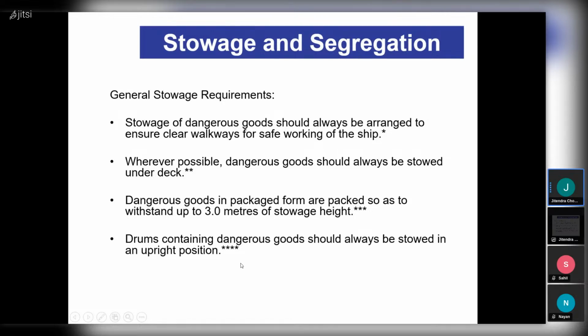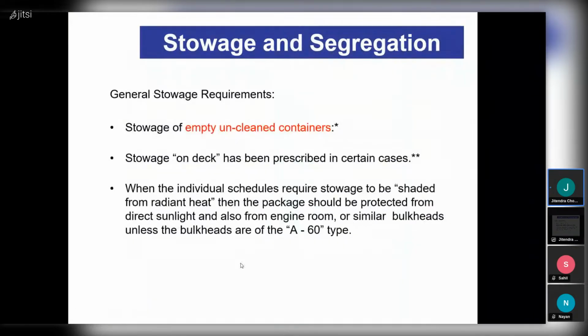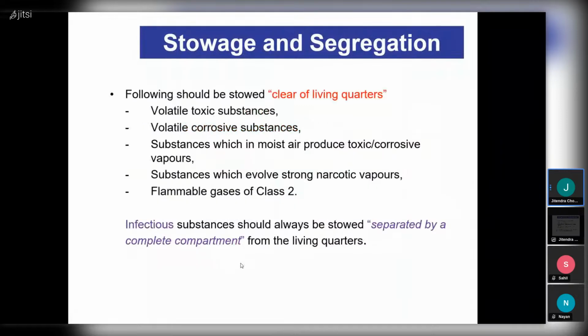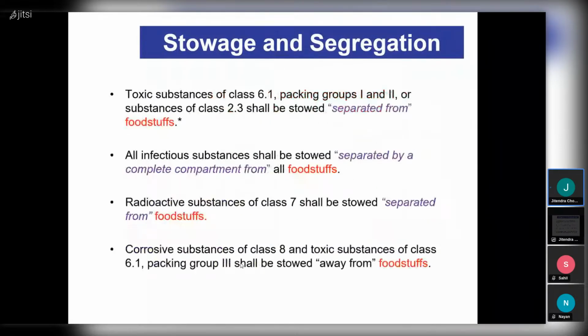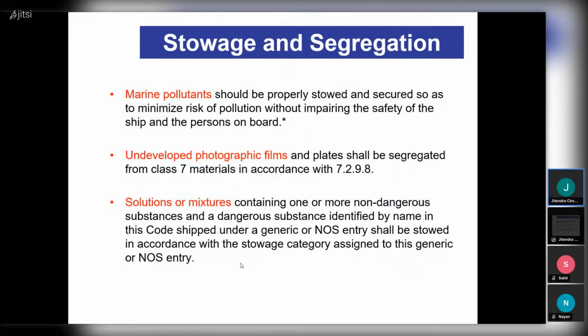These are the storage requirements of clean, unclean, and near or away from the living quarters or not. So these are the different requirements: away from, separated by a complete compartment. Again, it is saying should be properly latched, secured.